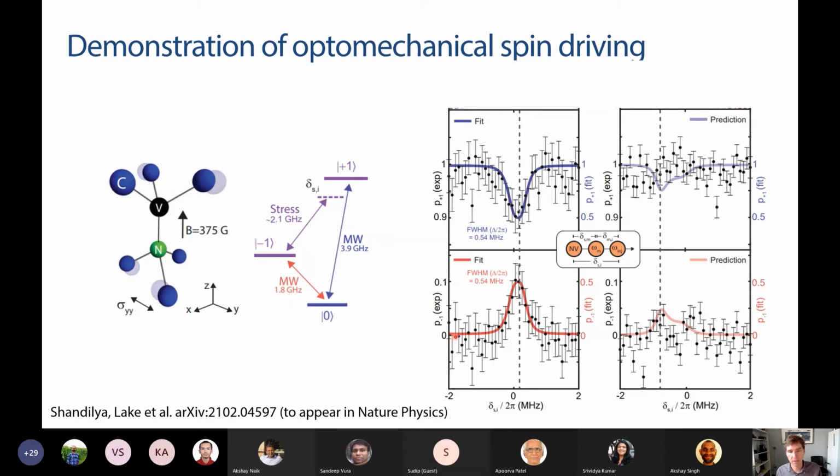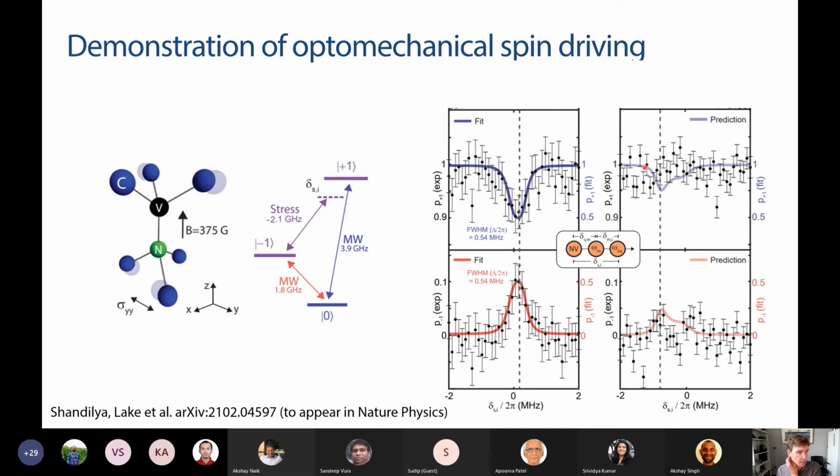And similarly for -1, if we start in +1, we will see population transferred into -1, resulting in a peak. And this was a really exciting measurement for us to show that indeed we've optomechanically excited these vibrations and used them to modify our spin populations in these devices.